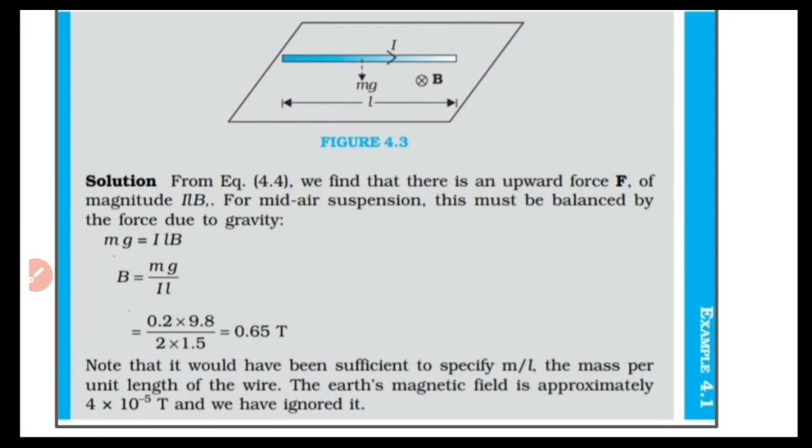As we did in the previous example, we can equate the gravitational force, that is the weight mg, with the Lorentz force, mg equal to ILB, and find B. So B is equal to mg by IL, and we get the magnetic field as 0.65 Tesla. So that's the answer.